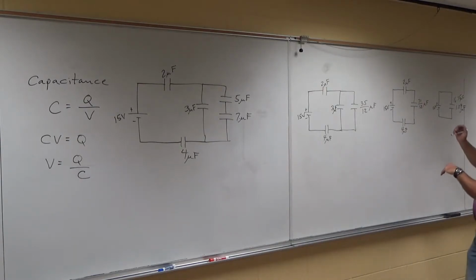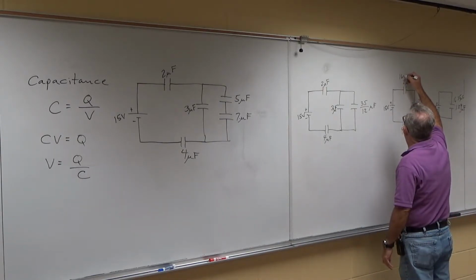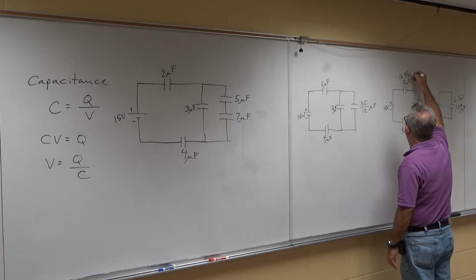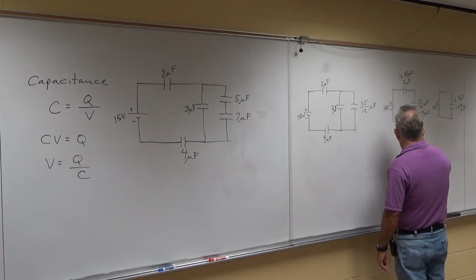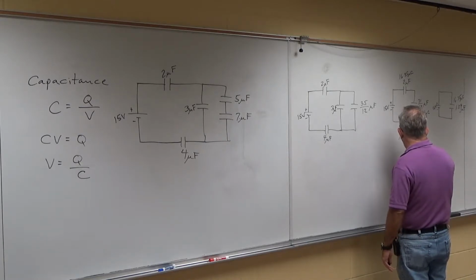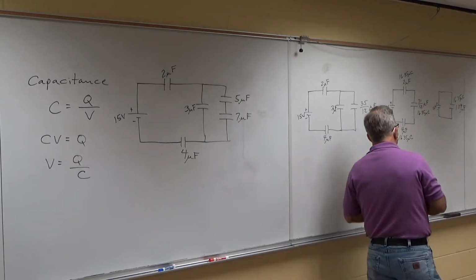So this one has 16.35 microcoulombs. This has 16.35 microcoulombs. And this has 16.35 microcoulombs. Okay?